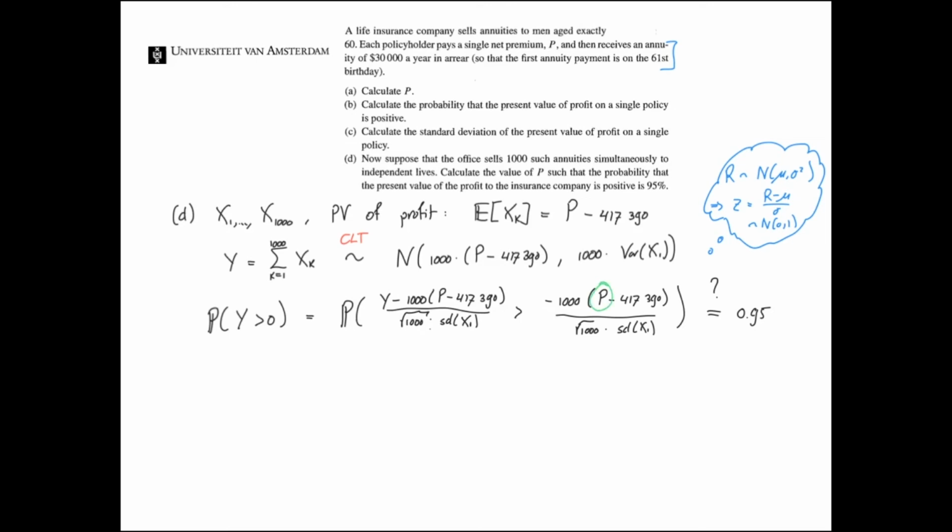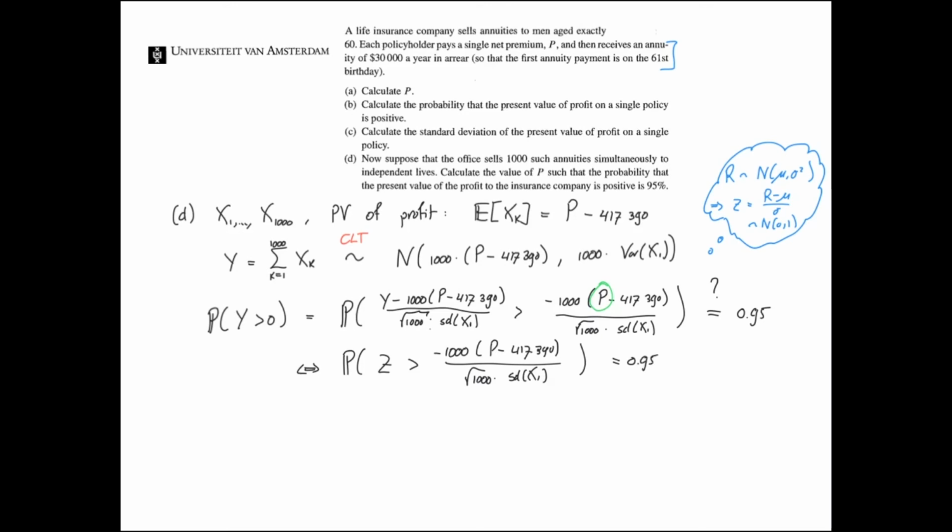Now to do that, we say that this is approximately a random variable z, which is standard normal and bigger than this value. So minus 1000 p minus 417,390, and then the standard deviation here.